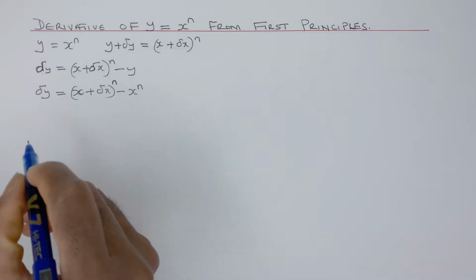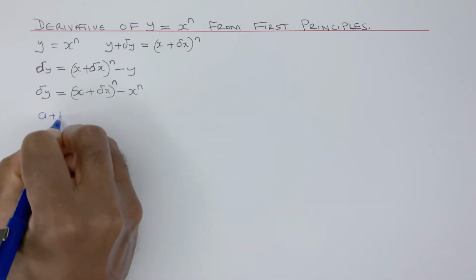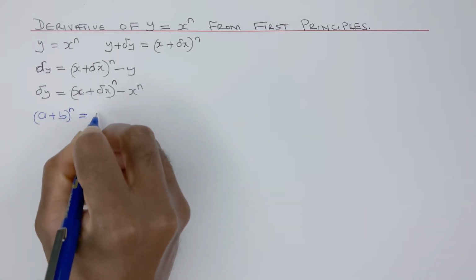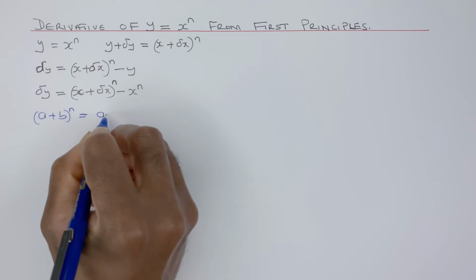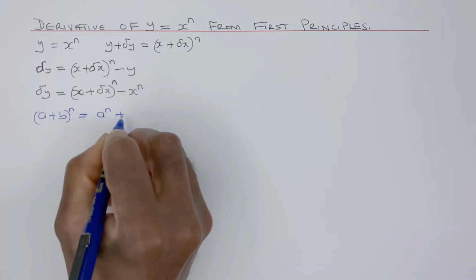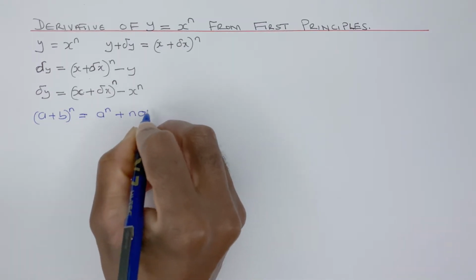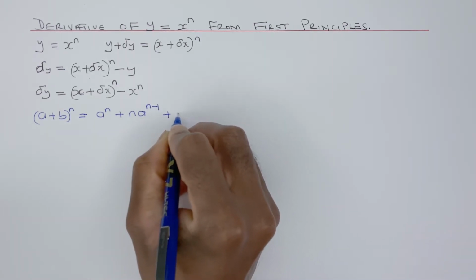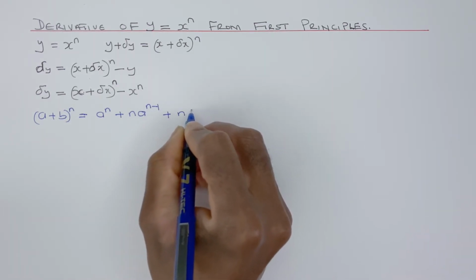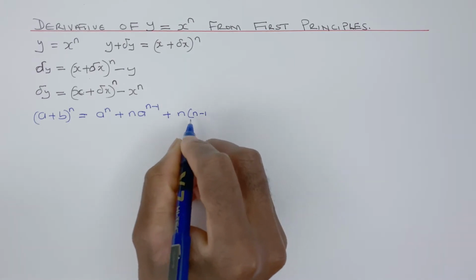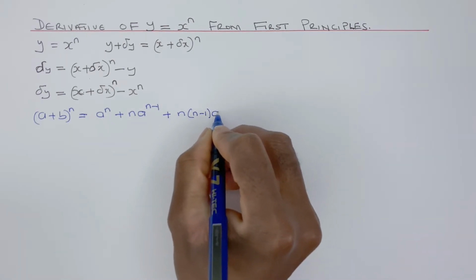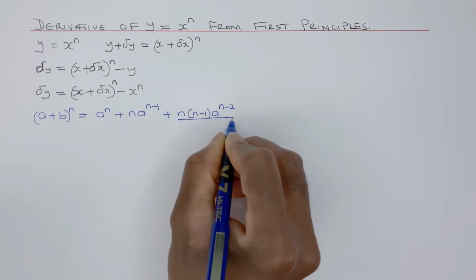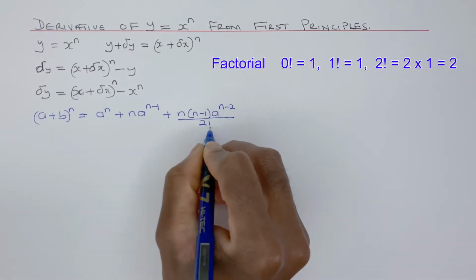Talking about binomial expansion, a plus b to the power of n is a to the power of n plus n a to the power of n minus 1 plus n into bracket n minus 1 a to the power of n minus 2 over 2 factorial.